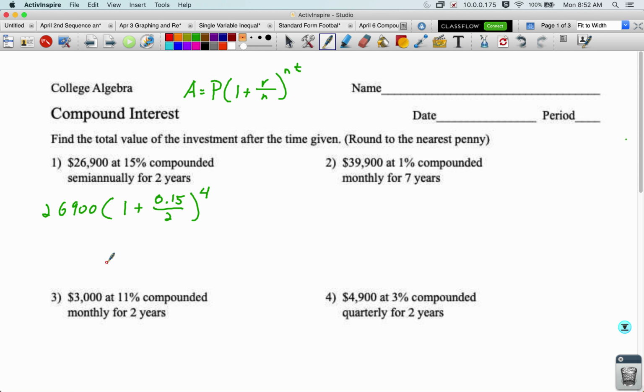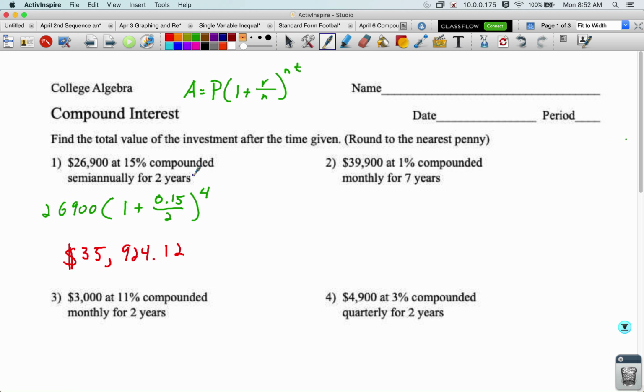You can plug it in exactly like it looks in one line in your calculator. 26,900 parentheses 1 plus 0.15 divided by 2, close parentheses, to the power of 4. And I get 35,924 and 12 cents. We'll always round to the nearest penny in these problems.